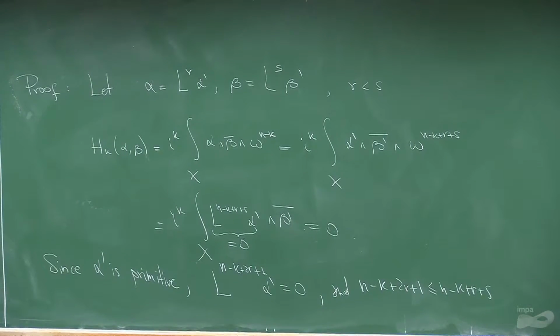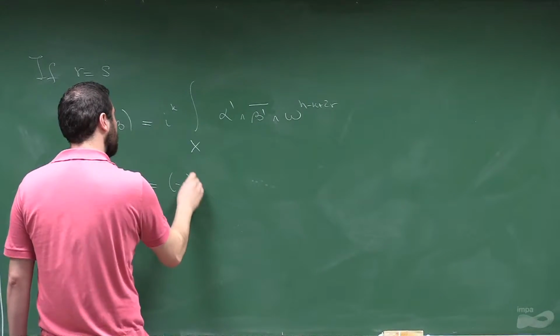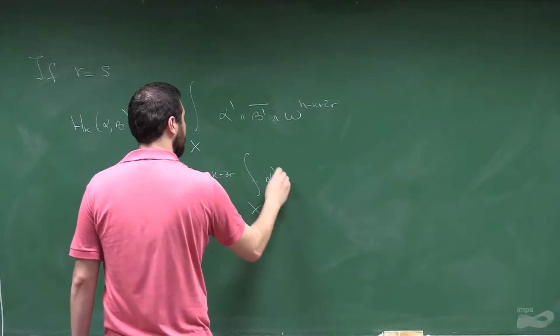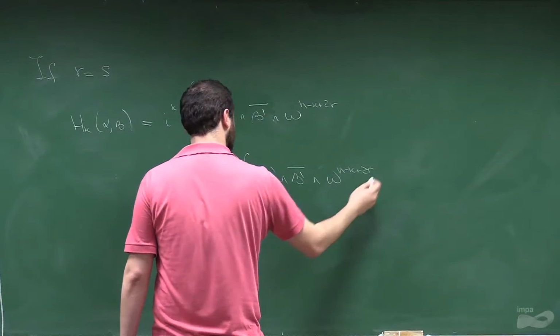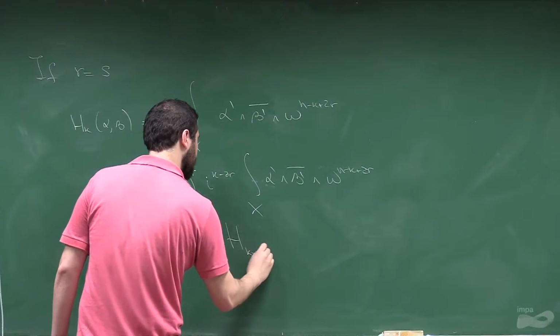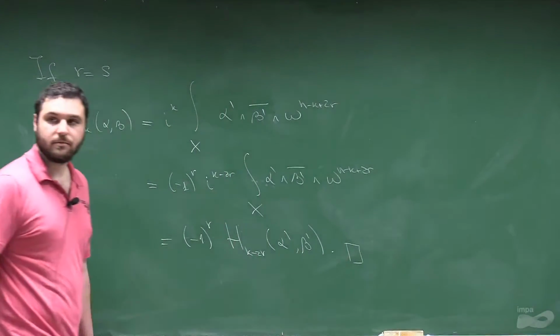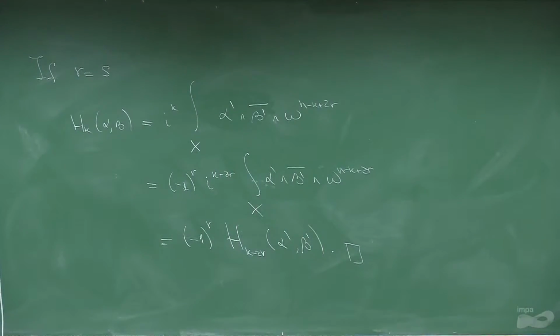Well, it will be alpha prime wedge beta prime bar wedge omega to the n minus k plus 2r, and this is just minus 1 to the r, i to the k minus 2r, the integral over X of alpha prime wedge beta prime bar wedge omega to the n minus k plus 2r, and this is just minus 1 to the r, h_{k minus 2r} of alpha prime, beta prime. Okay.